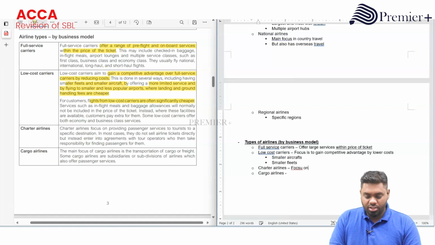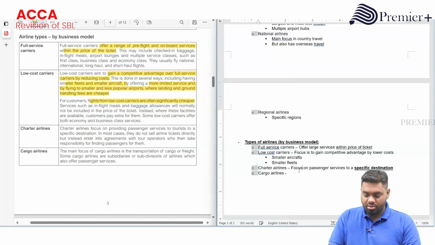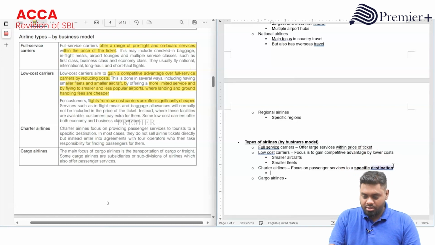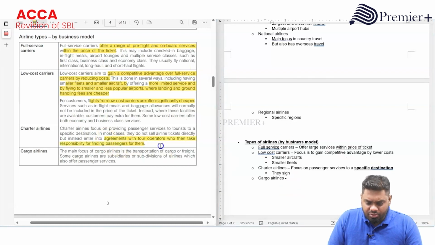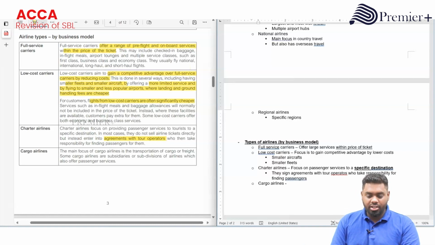So they focus on passenger services to a specific destination, and typically they sign agreements with tour operators, who take responsibility for finding passengers.